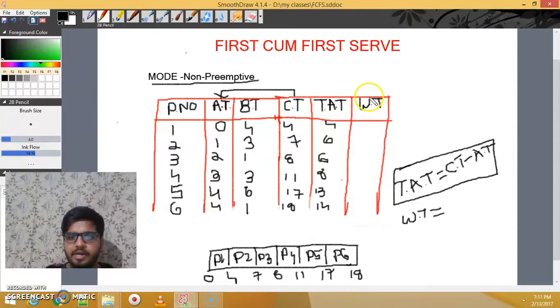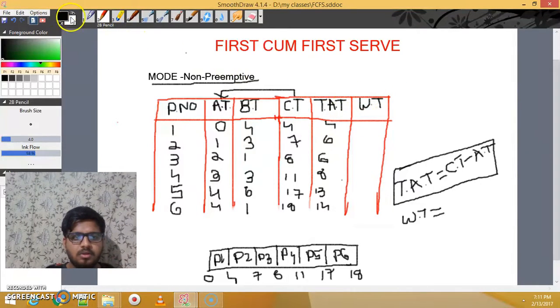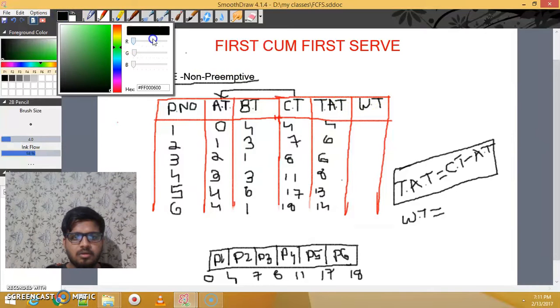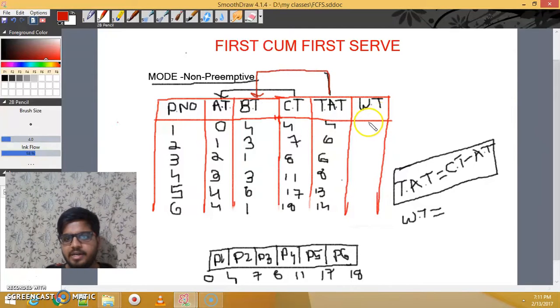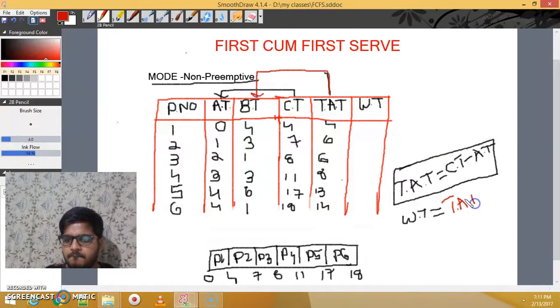Then waiting time. How to calculate waiting time? Just turnaround time minus burst time. This way you calculate the waiting time.